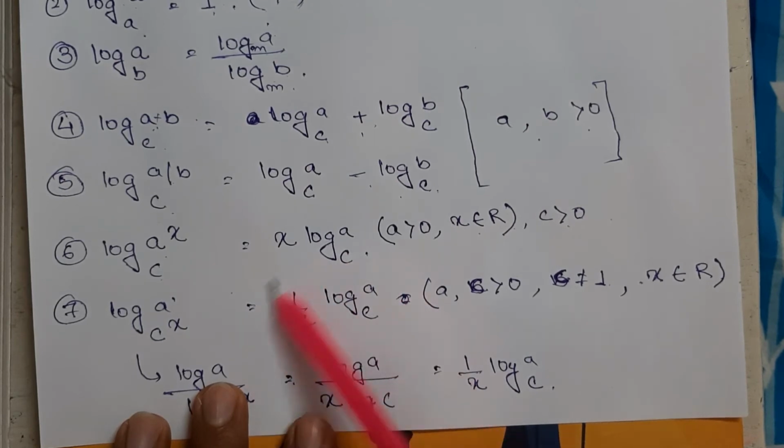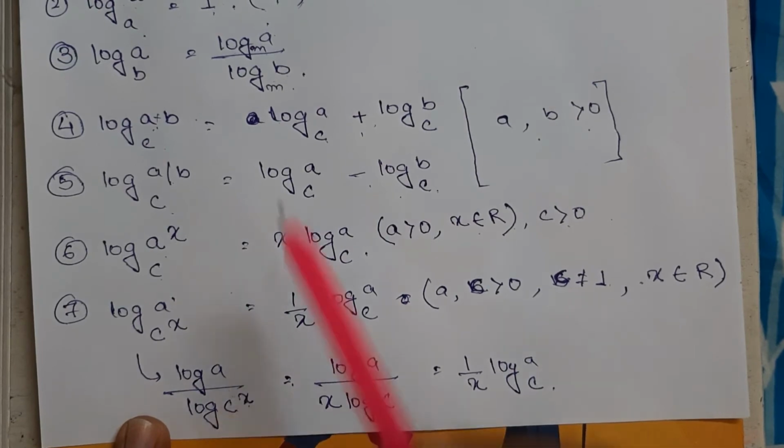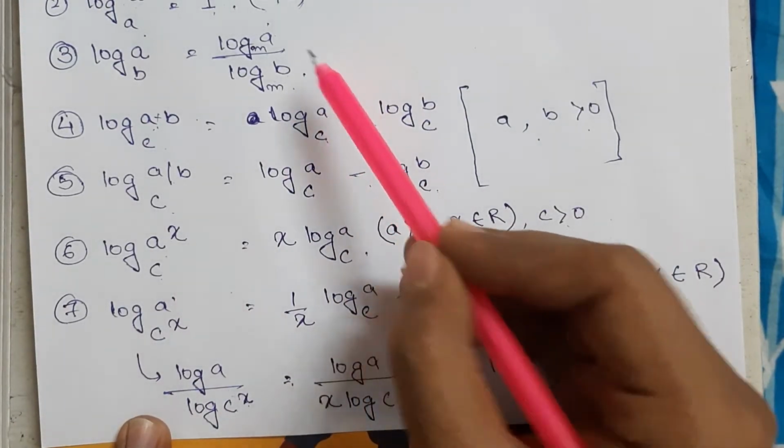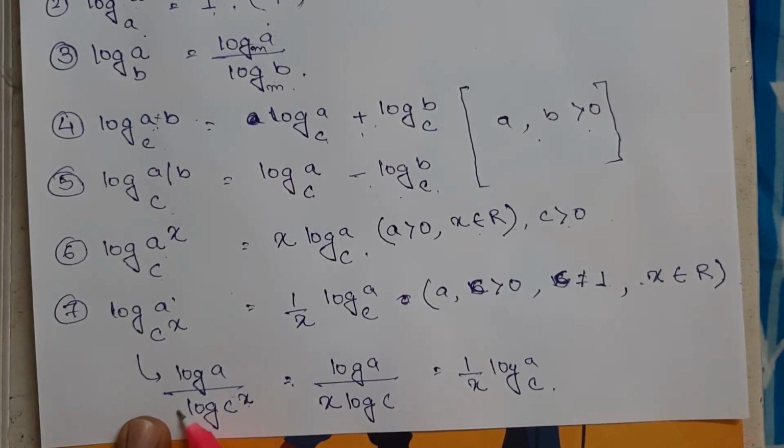How can you achieve this? You can also achieve this formula as I have derived here. See, I can write this in this form, right? And I can write this using the form. How have I got this? By using the third one, right? As there is a power x above C, I can take x at the front. Why?